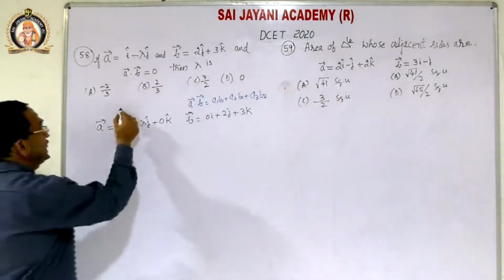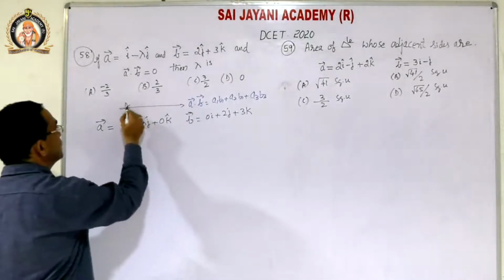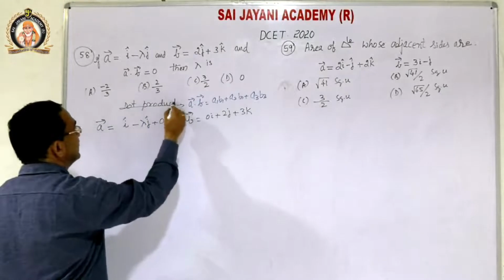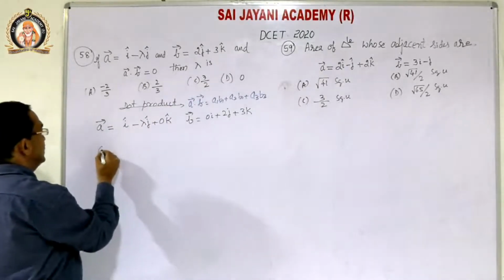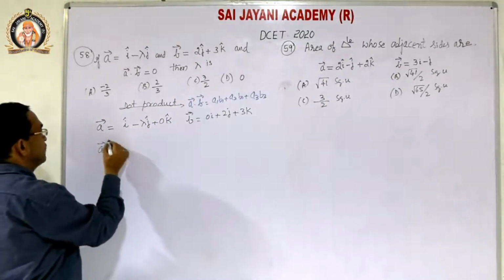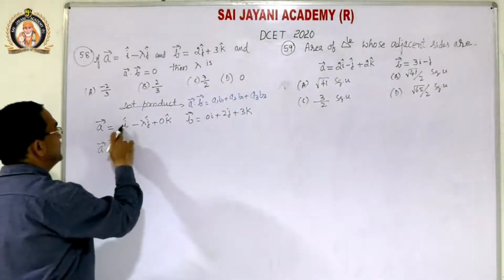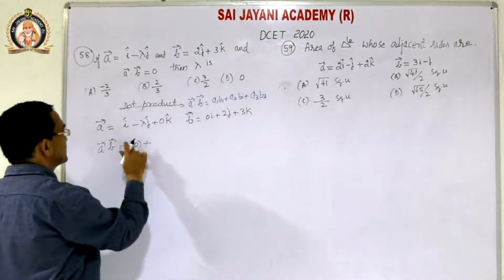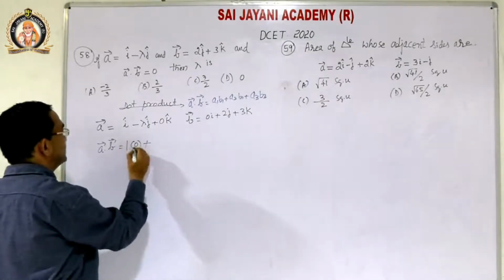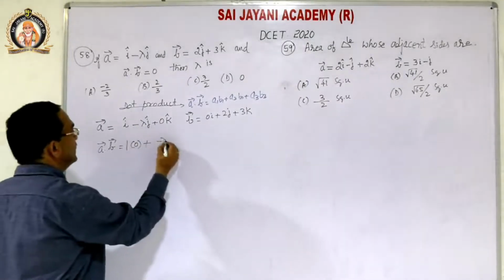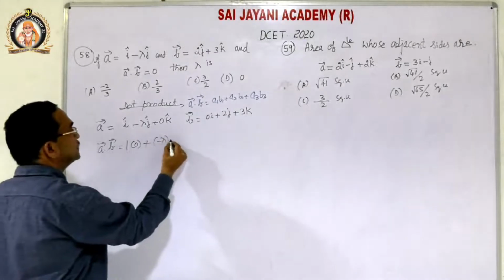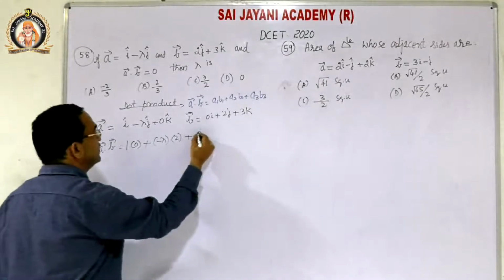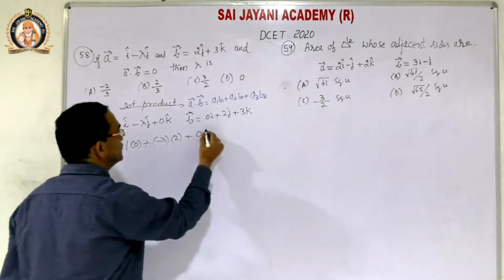Now according to the dot product, this is what I told you, that the dot product is defined like this. Therefore A vector dot B vector is equal to 1 into 0, plus minus lambda into 2, the j coefficients, plus 0 into 3, the k coefficients.